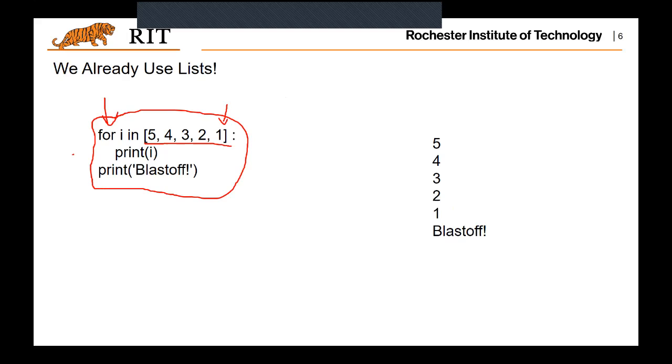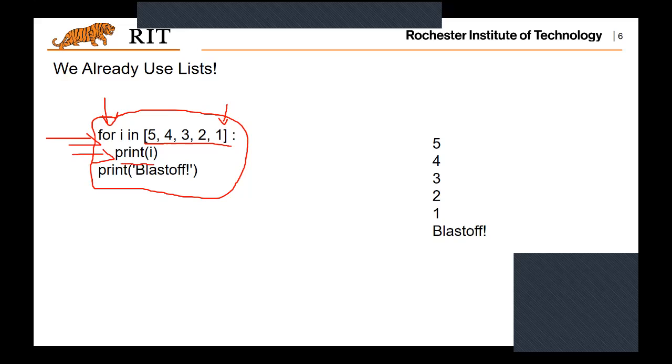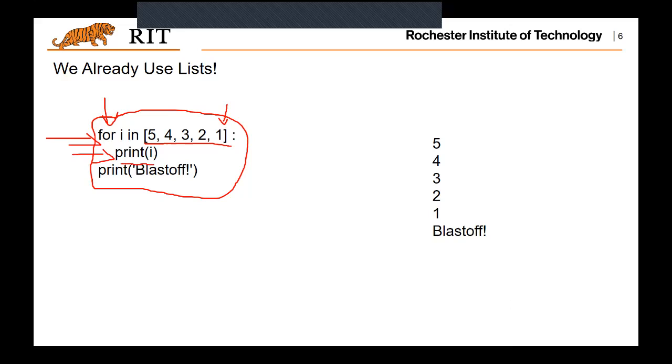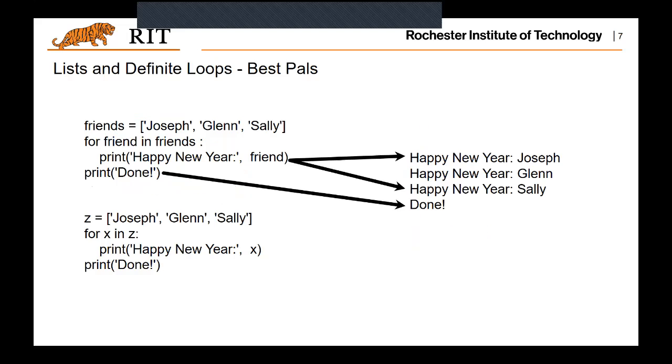Anyway, you have this list, and use this for loop. You can print each of the elements in this list, and this is the result: print 5, 4, 3, 2, 1, and then you finish the loop and print the last sentence, Blast off. So that's an example where we used a list in our previous lectures.